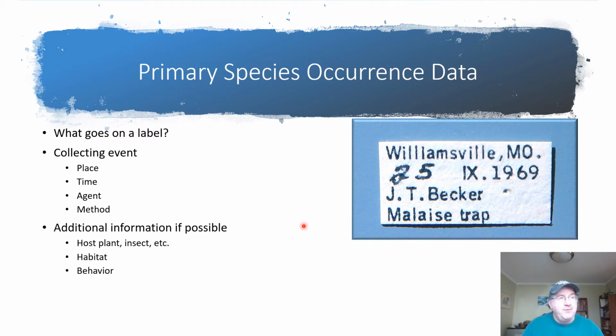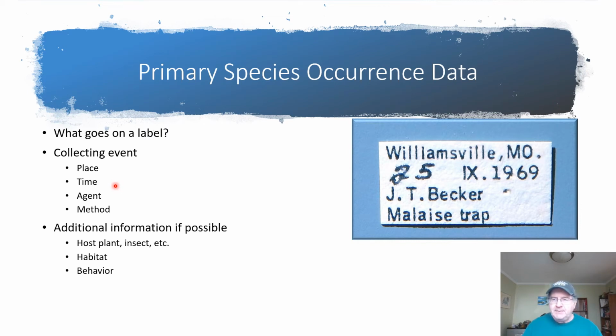I think probably a photograph falls somewhere in the middle between a specimen and a mere observation that's reported. But for all three of those, for a photo, for just a visual sighting, or for an actual vouchered specimen in a collection, we're talking about a place where that organism was seen or collected.